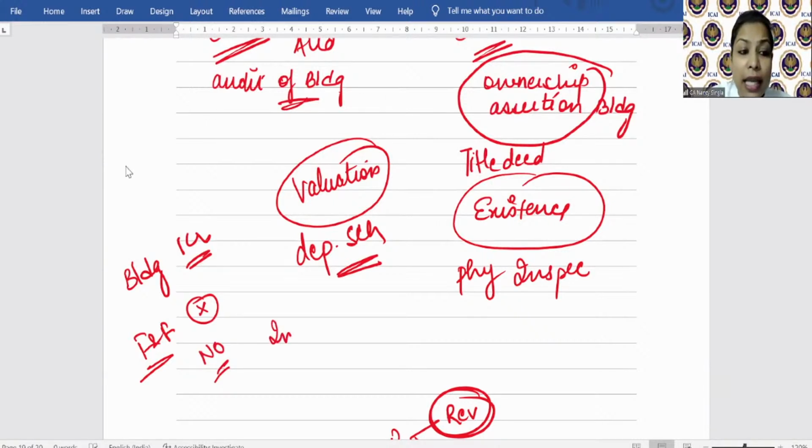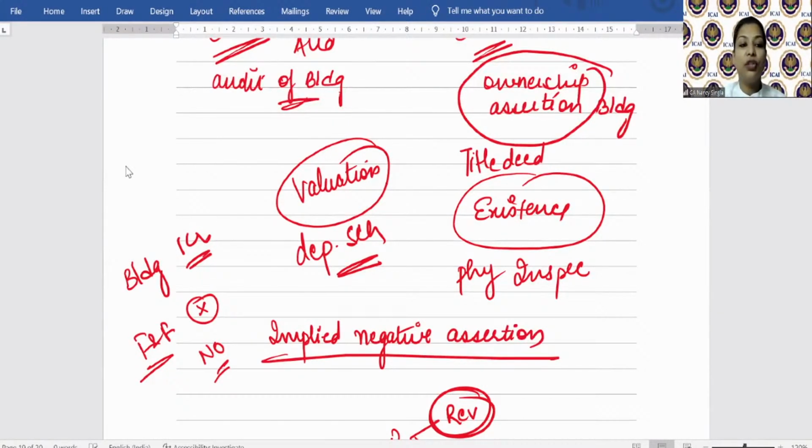So this is what is called an implied negative assertion. If furniture and fittings is not mentioned, this is an implied negative assertion.